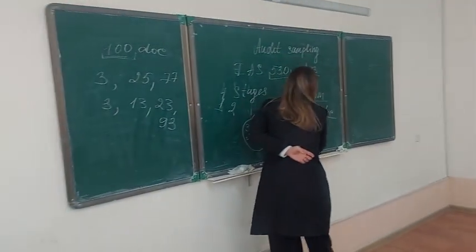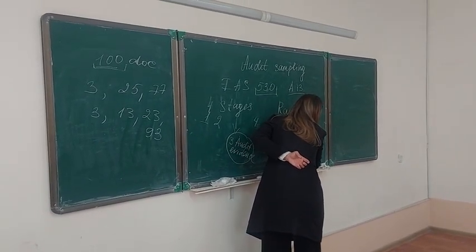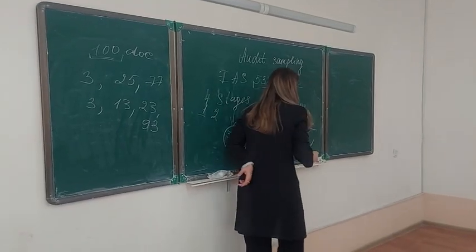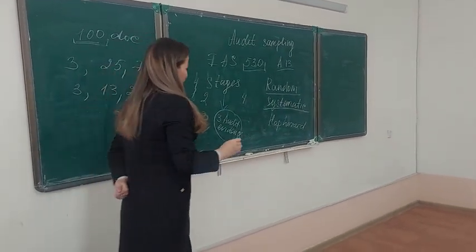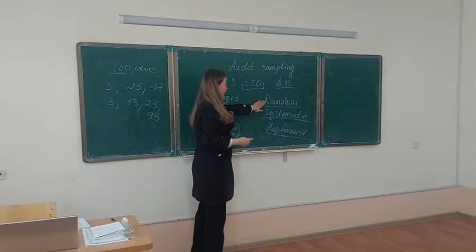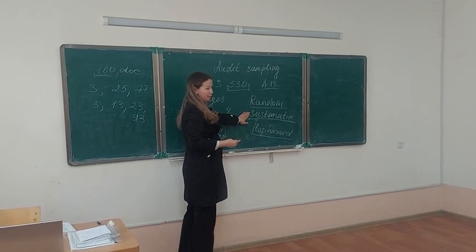And the last type of audit sampling is haphazard. Haphazard selection is between random and systematic audit sampling.